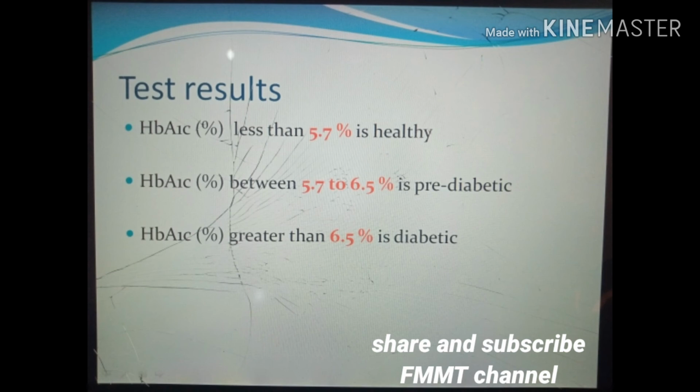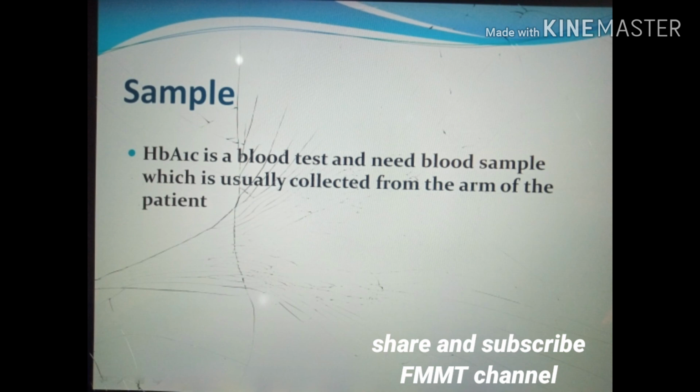So if the HbA1c value of your test result is below 5.7%, it means that you're healthy. But if it is between 5.7 and 6.5, it means you're pre-diabetic, and if it is greater than 6.5%, it means you're diabetic.